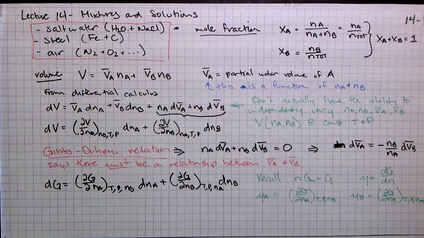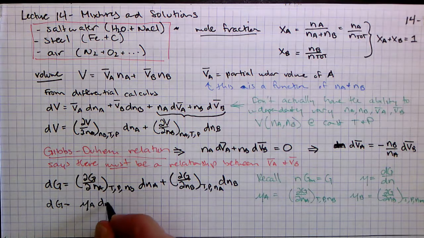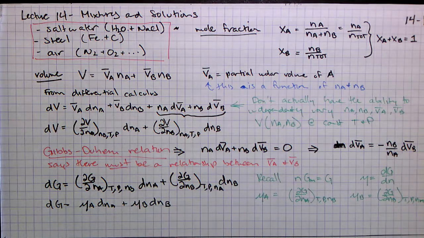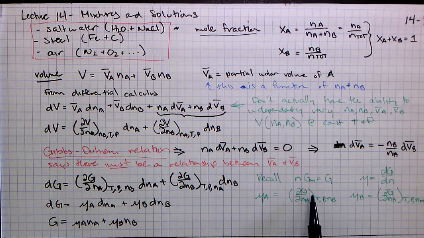And so when we write this expression, what we're actually writing is dG is equal to mu A dNA plus mu B dNB, right? But we also know that G must equal mu A NA plus mu B NB, because the total free energy must be the free energy per mole of A times how much A we have plus the free energy per mole of B times how much B we have, right?